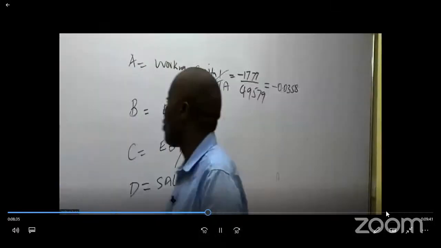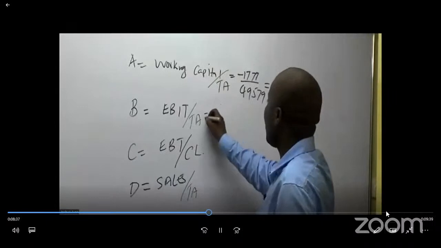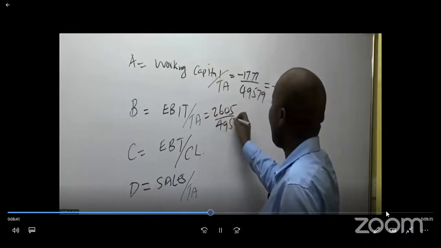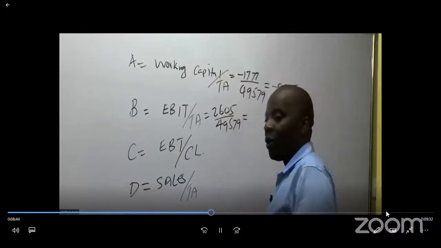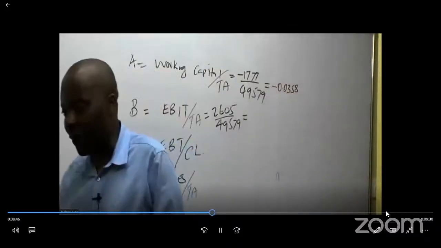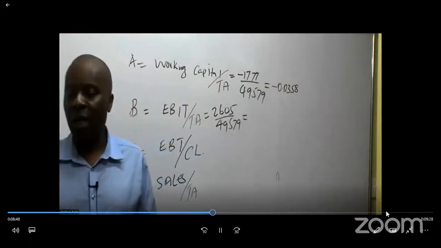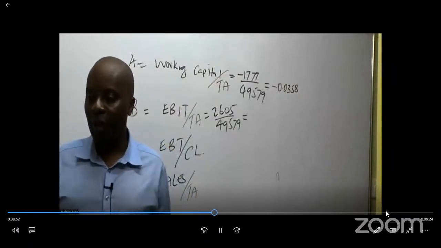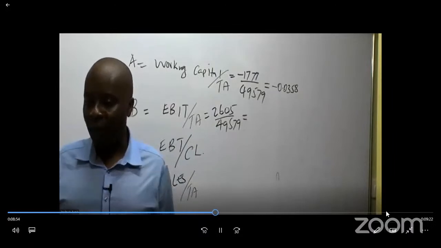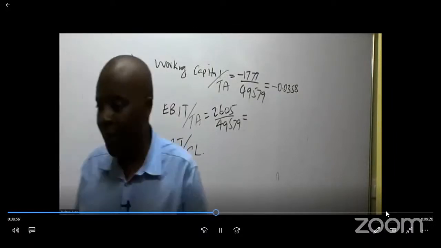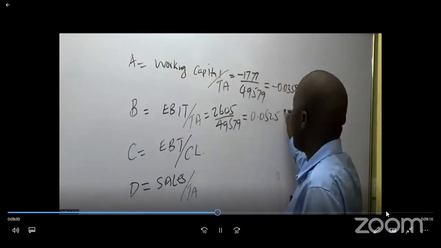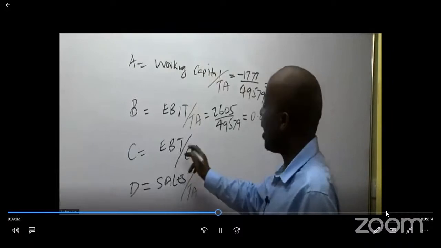So 2605 over total assets of 49,579, which will be equal to what at the end of the day? Is there somebody who can give us this figure very fast? Isaac Obai gives me 0.0525. Thank you very much.